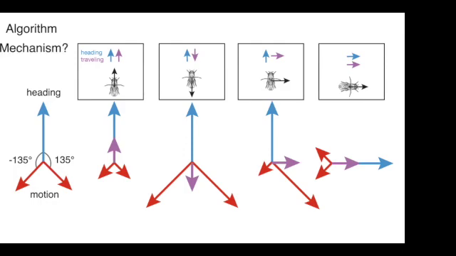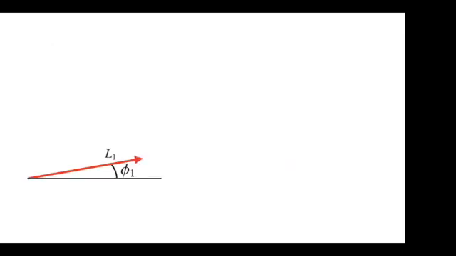The question is mechanism. How is this done in the fly's central complex? So let me introduce a way of representing and manipulating vectors that some of you may have learned about in physics class. I actually learned about it in physics class, but I paid absolutely no attention to it and never thought it would come back to enter my life.